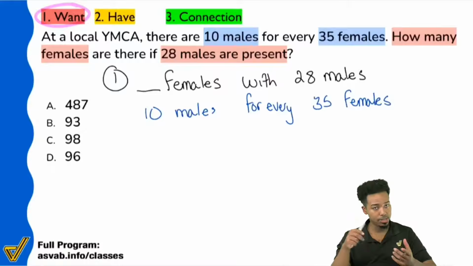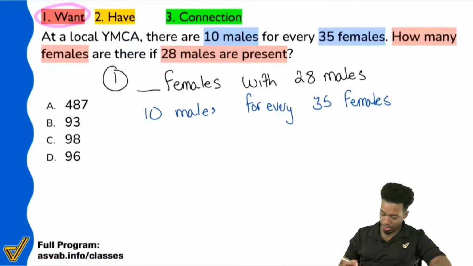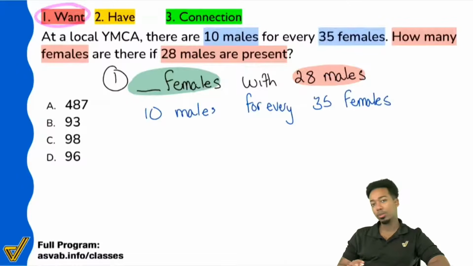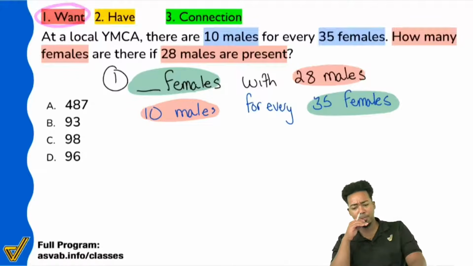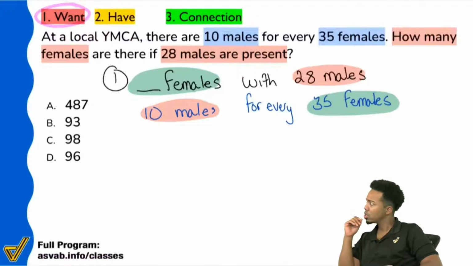To help you understand this, let me color code it for you. Notice how up here, the top row, we have 35. We have blank females. I'll use green for females. We have blank females with 28 males. But here at the bottom, look how it shows 10 males with 35 females. So everyone, does it make sense to you that this is not compared the same way? We compare females to males, then males to females.